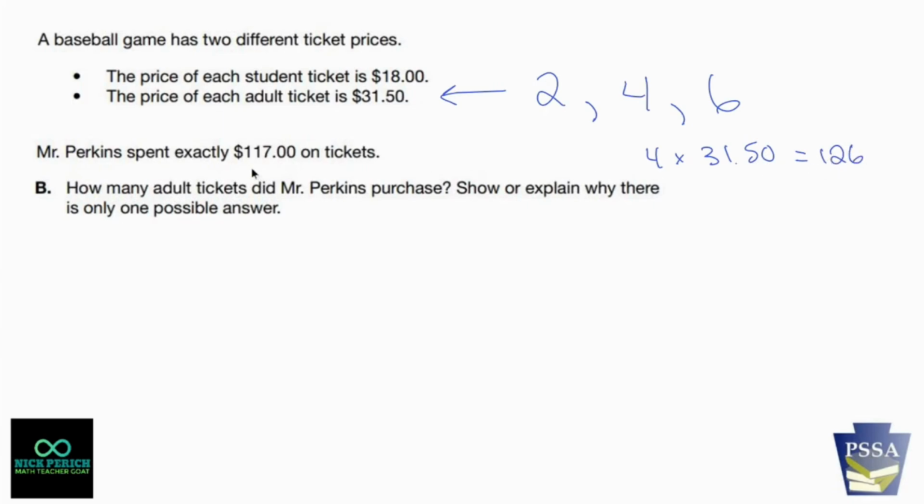And that's too much. So if 4 is going to be too much, then 6 is going to be too much. So if that's our only option, then we must buy 2 adult tickets. So Mr. Perkins buys 2 adult tickets.